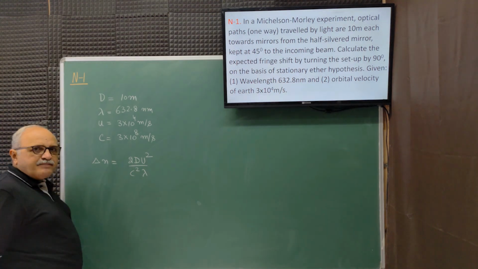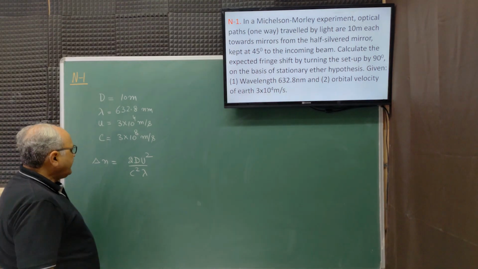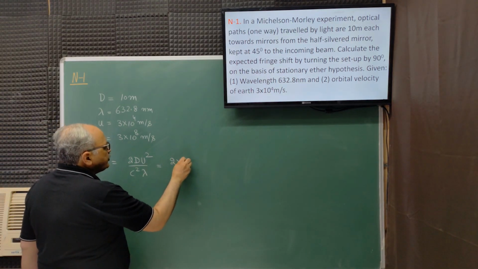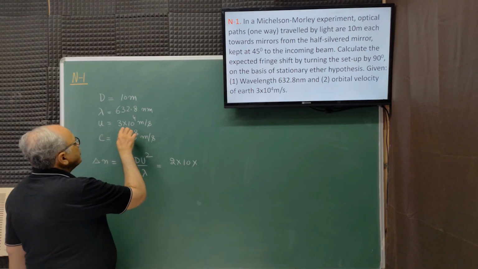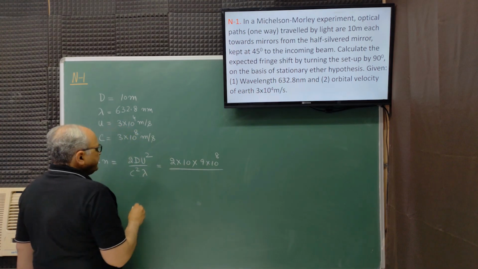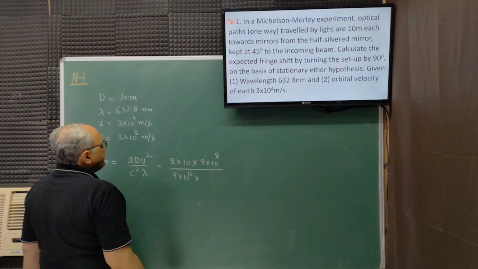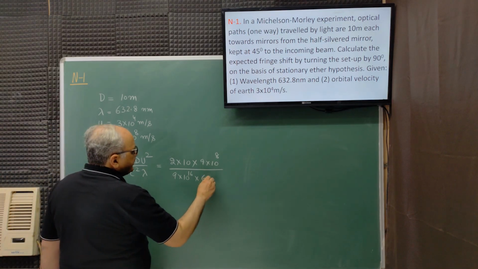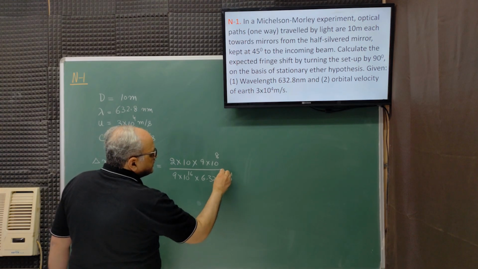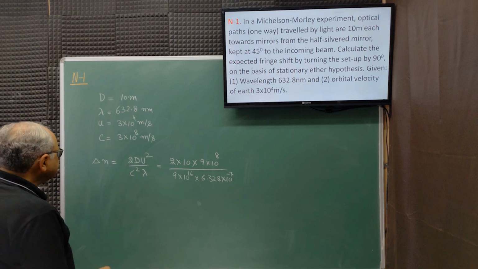We discussed in the previous section that this is the shift once it is rotated by an angle of 90 degrees. The rest is simple. You have to put the values: 2 into 10, u square, that is 9 into 10 to the power 8, divided by c square, that is 9 into 10 to the power 16, multiplied by the wavelength, which is 6.328 into 10 to the power minus 7 meter, all in SI units.